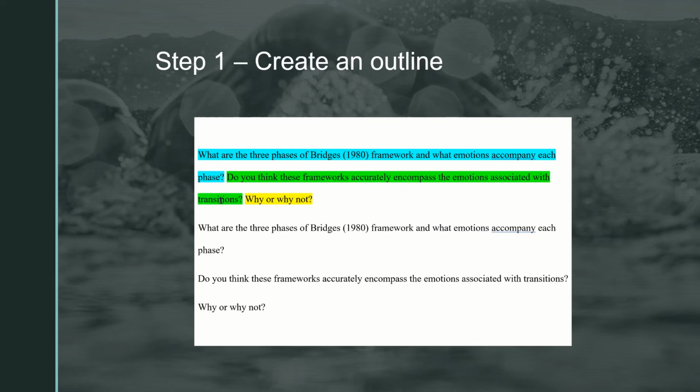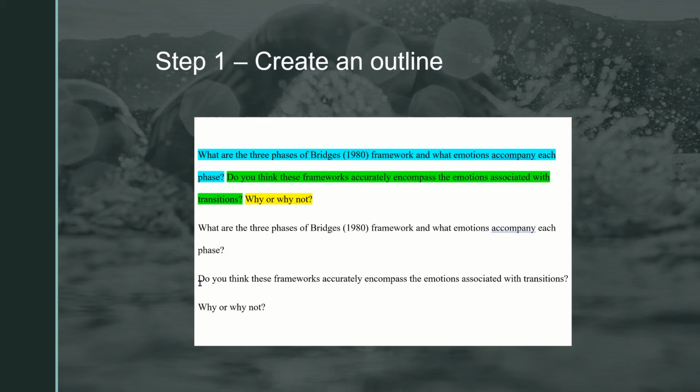Then what you will do next is simply fill in the blank. So here you're going to write about the three phases of the Bridges framework and the emotions that accompany each phase.